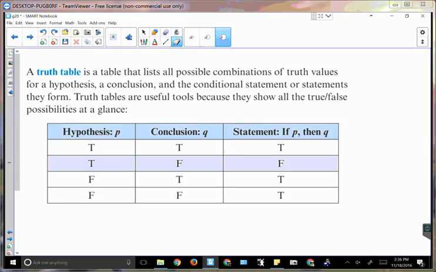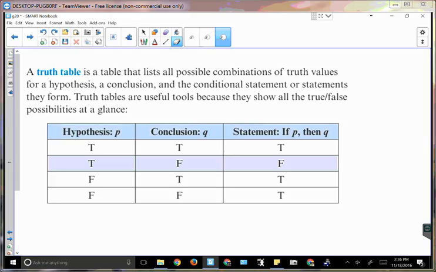Now, when we are looking at the statement, if P then Q, so Q follows from P. If I have this, that's what happens. You'll notice if this is true, that's true, that's true. Well, that's what you would expect, correct? And if this was true and that's false, that's false. That's what you would expect.